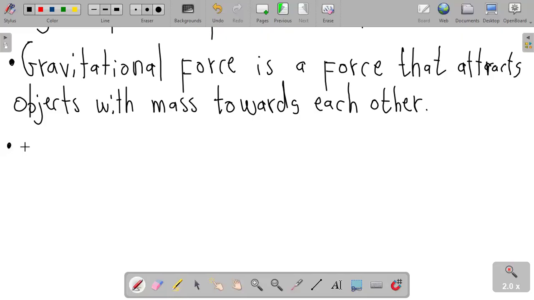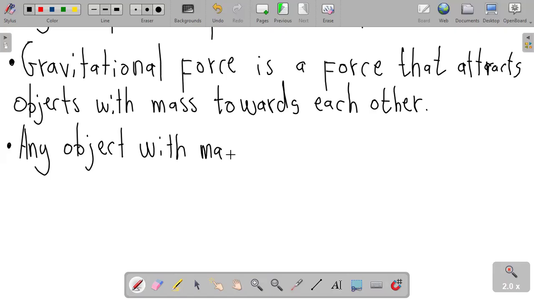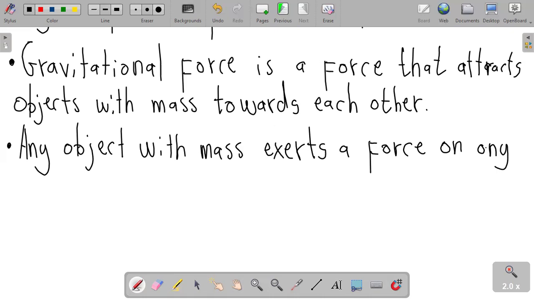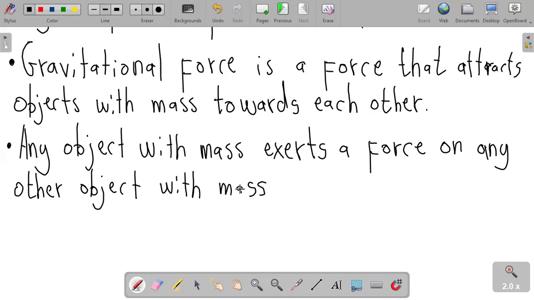Then another very important point here: any object with mass exerts a force on any other object with mass. So it's important to know this.